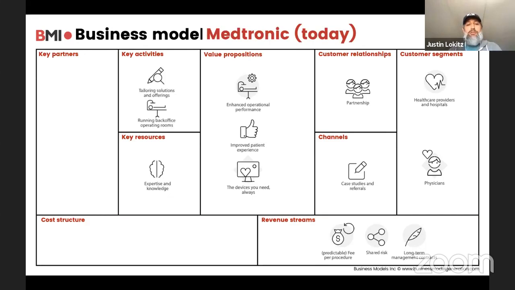And of course, it tailors solutions and now also helps to run the back office so that usage of this stuff is more efficient. It partners with the device side of the company as also financiers to get this stuff in there.